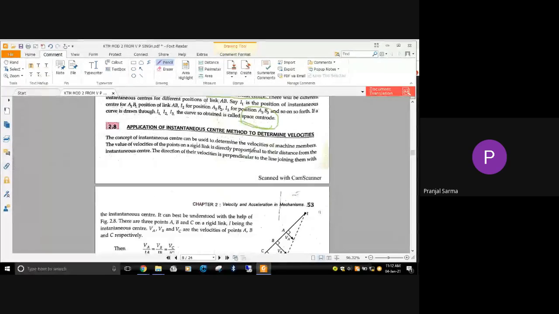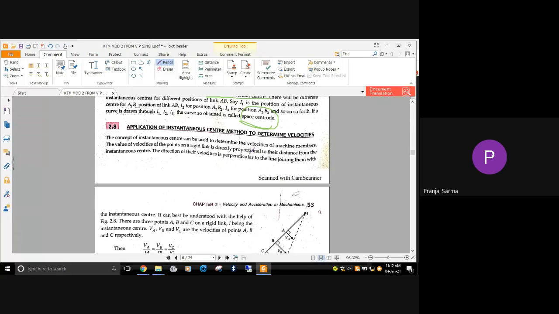So now here we are going to use the concept of the instantaneous center method for determining the velocity. We should know how this instantaneous center, about which we can consider as if the whole motion has taken place, can be correlated. That means if we know the instantaneous center for a particular link pair, and how it is related with the velocity of that link, then we will be able to find out the velocity.